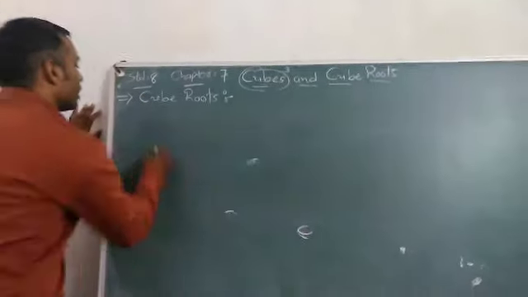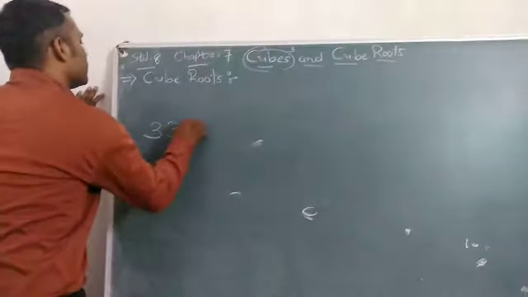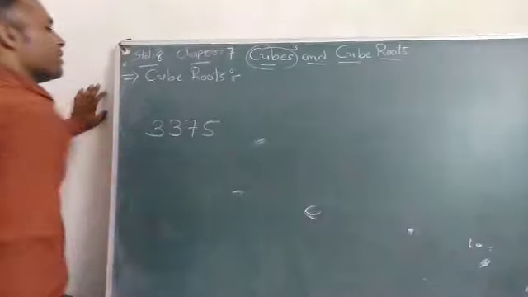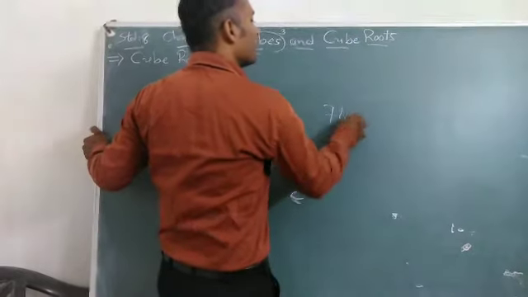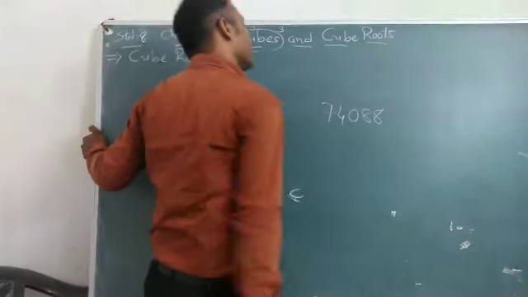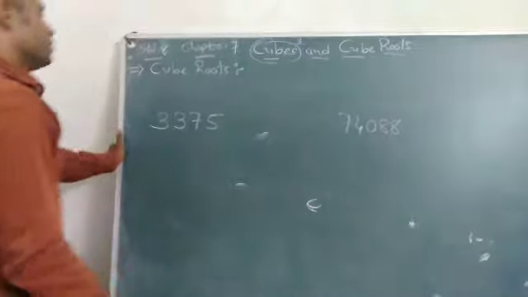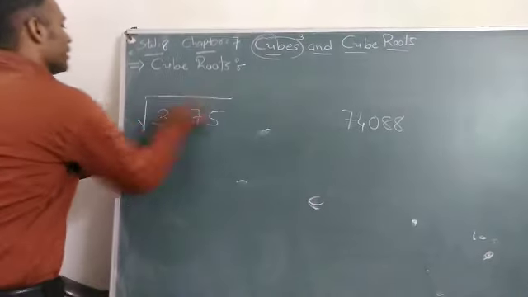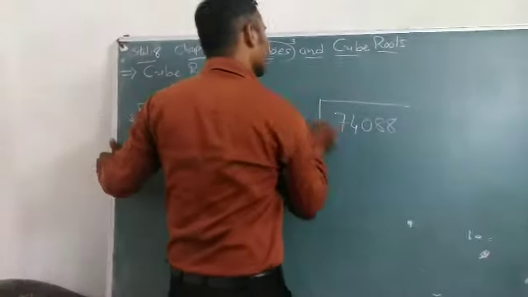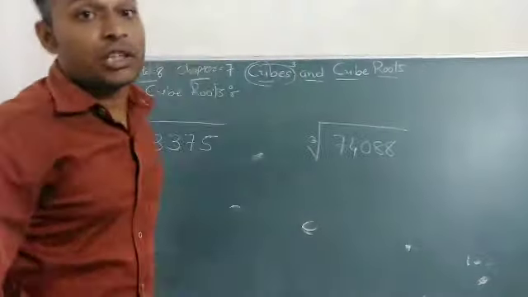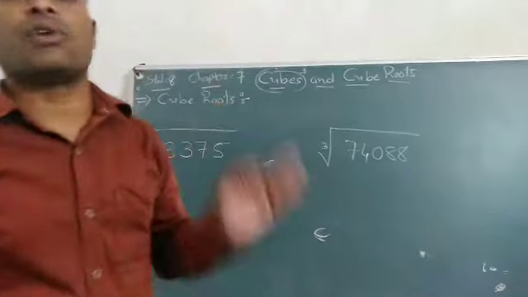Suppose we take a number 3375 and take another, 74088. Okay, we want to find its cube root. But the question is without any calculation.